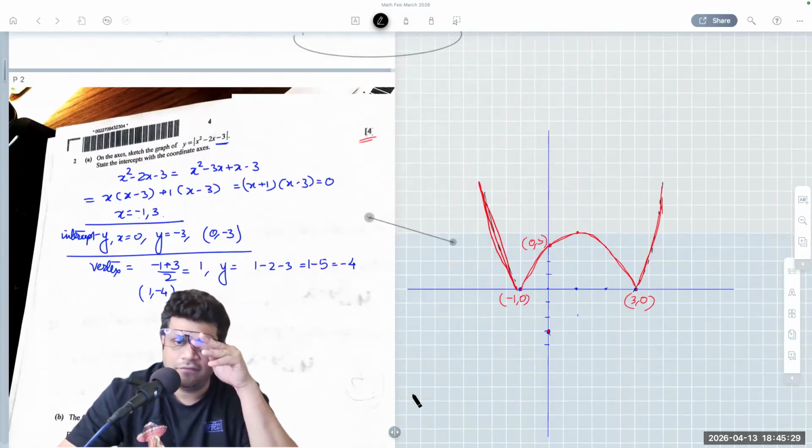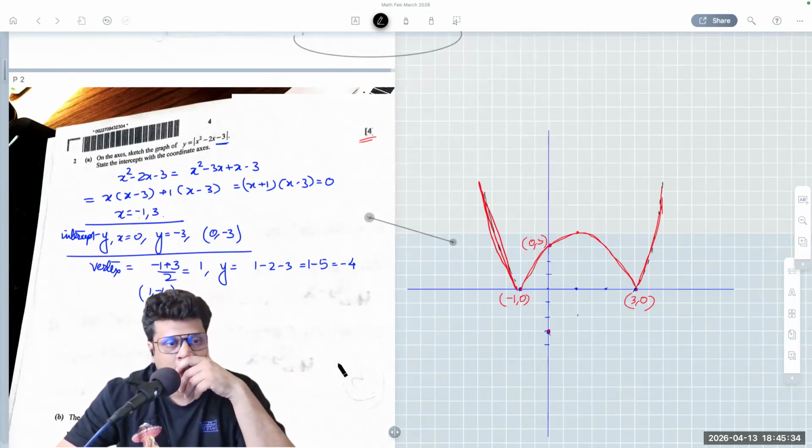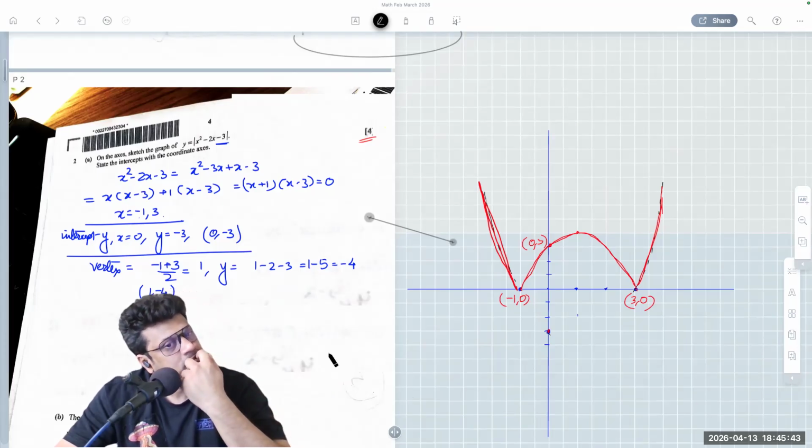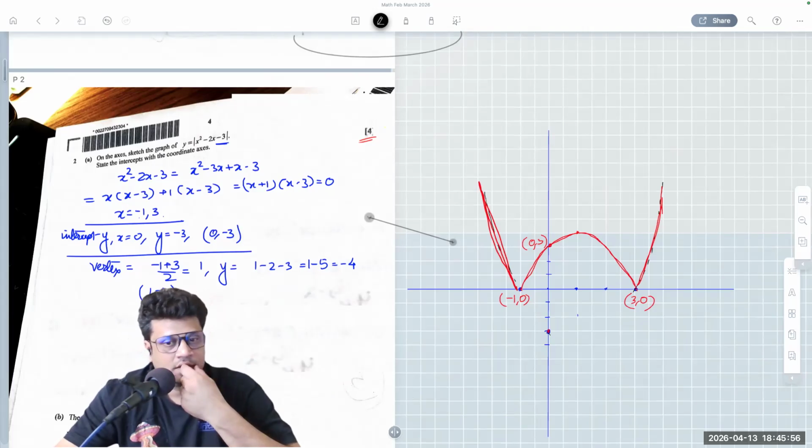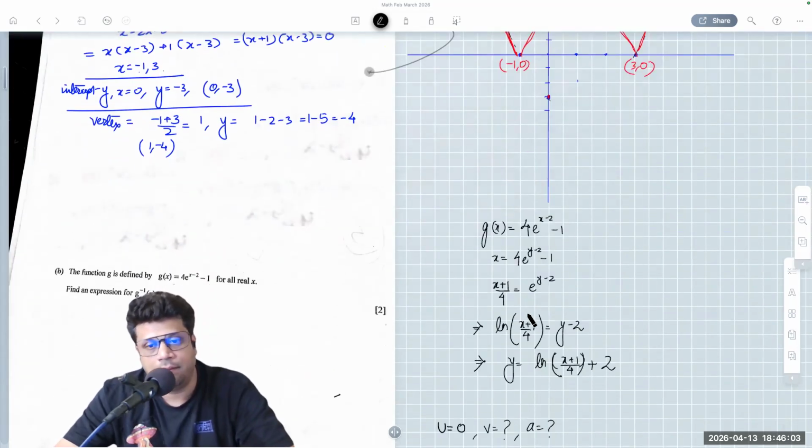So you have found the x-intercepts here and the y-intercept and the vertex. 1 minus 5, right? Okay.